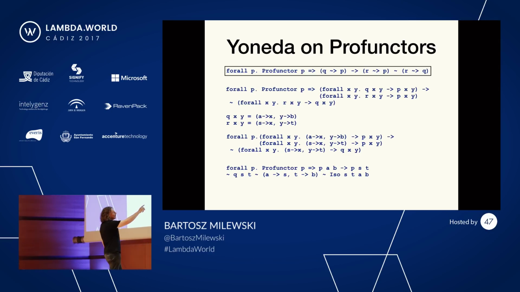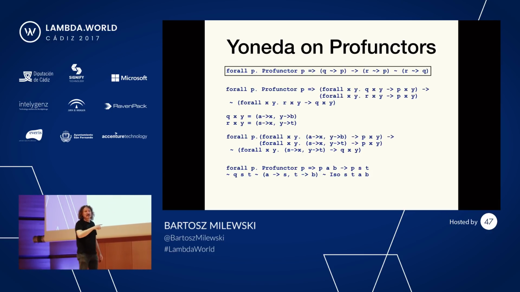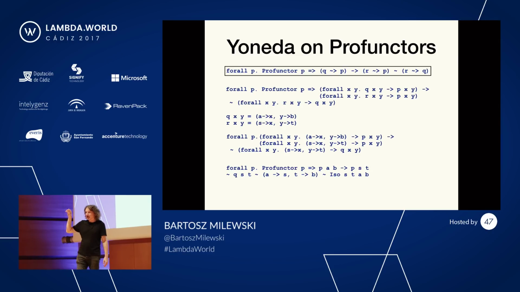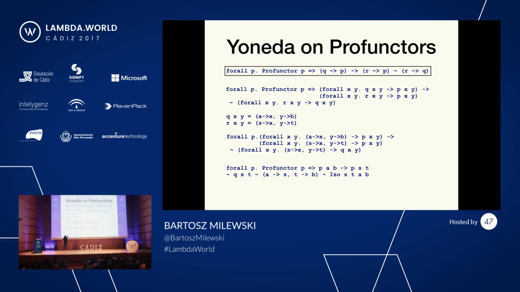For all p profunctor p, PAB, PST, okay, that's my optic, profunctor optic, right? And from this double application of Yoneda lemma, I get that this is actually QST, but my Q is A to X, Y to B, okay?